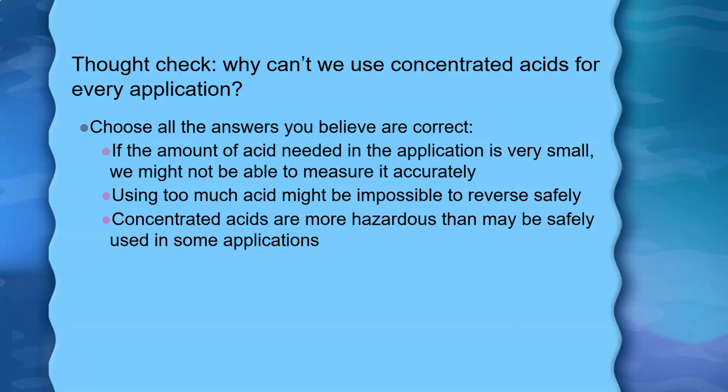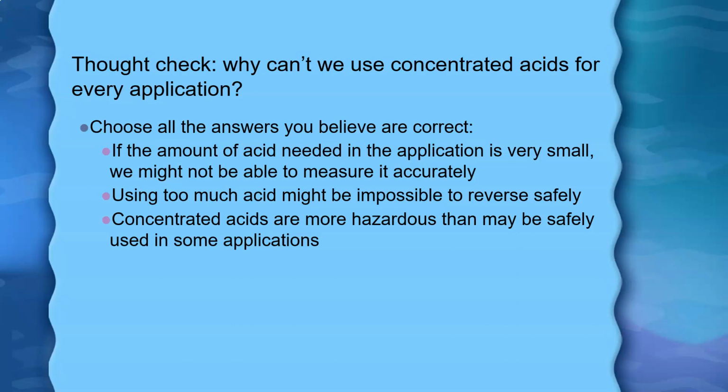So why can't we use concentrated acid for every application? Here are several options. Why don't you see which ones you think might be correct? If the amount of acid needed in an application is very small, because we have a very concentrated solution, so we need a very small volume to get that number of moles, it might be difficult to measure a very, very small volume.